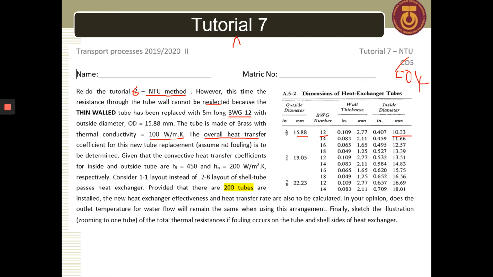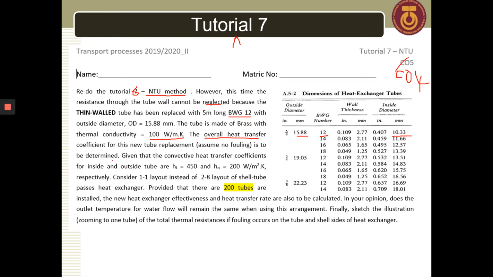Why do we need to determine it? Because it is no longer the same. Last time, for tutorial 6, you had a thin wall, so you could neglect the conduction. You could neglect the resistance through conduction.